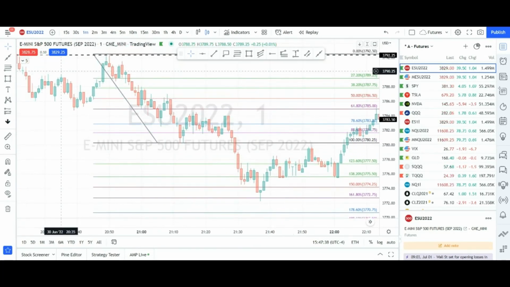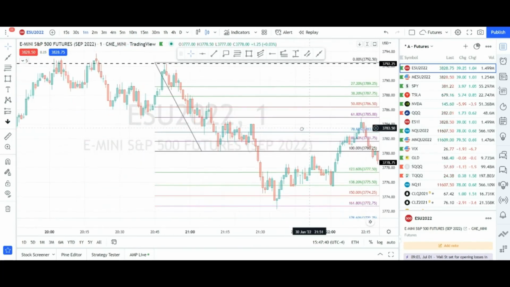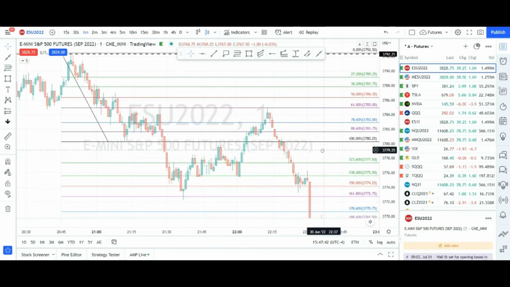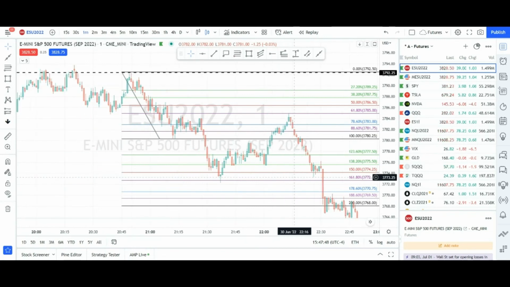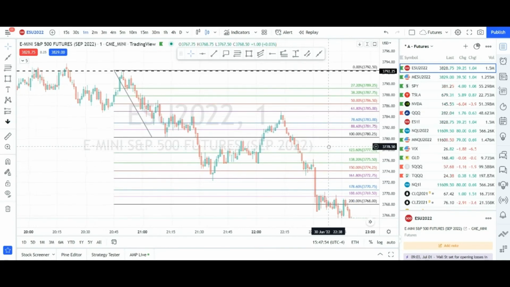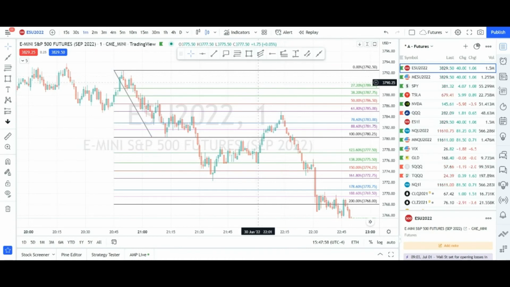So this is the way I manage my trades. This is the way I go with my stop loss. This is the way I take my profits. I break my trades in segments because I don't want to lose much money. I don't want to get out of this trading system.